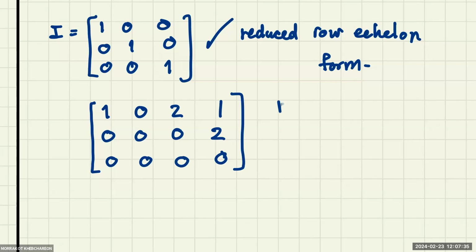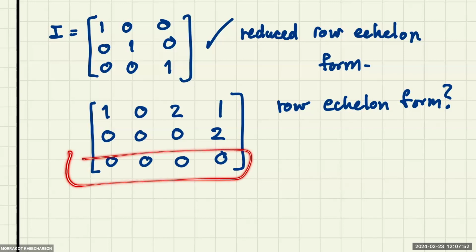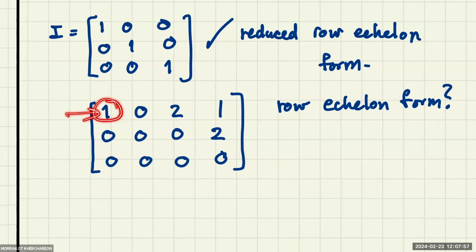So this is row echelon form. First, the zero row stays on the bottom. Check the first row, the number 1 pivot is here, and in the second row the pivot shifts to the right of the one above. So this is row echelon form.